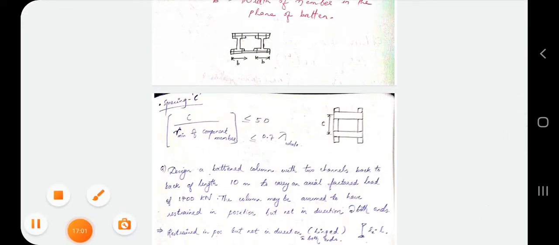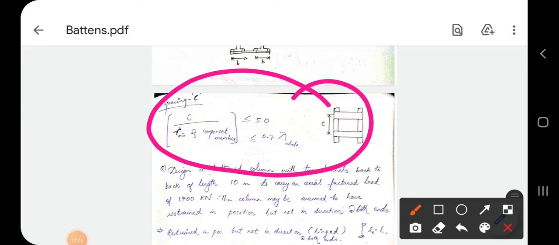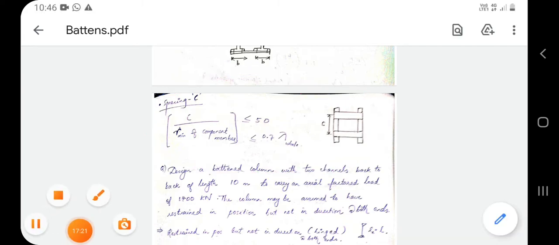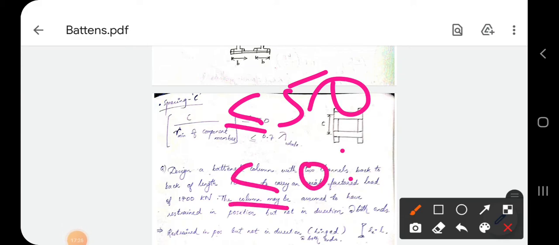And now after that we have to check for spacing. It is similar to our lacings. C by minimum radius of gyration of the component member, that is the minimum r value which we obtain directly from the steel table, should be less than or equal to 50 or less than or equal to 0.7 times lambda whole.